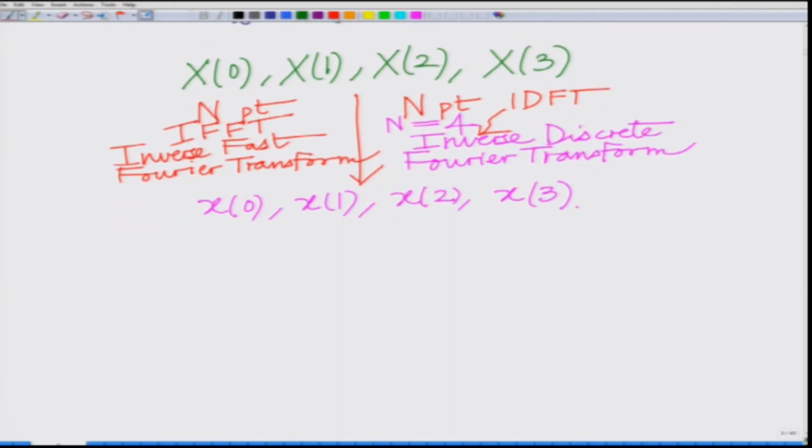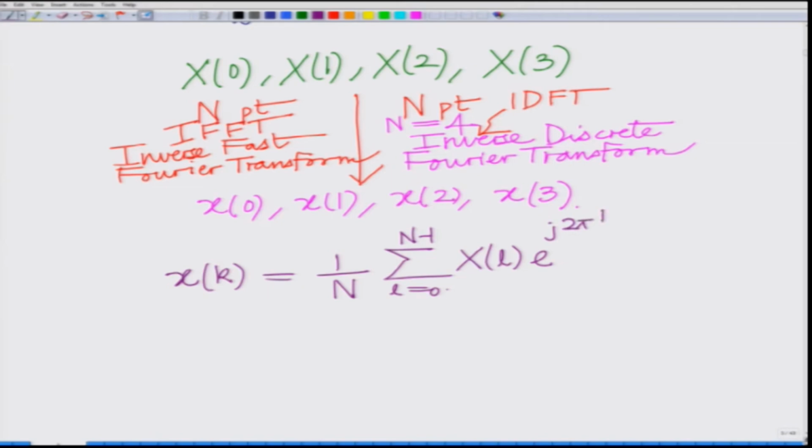Therefore, now what you have is small x of k, which is the sample corresponding to the inverse fast Fourier transform. As you know, this is given as 1 over N summation L equal to 0 to N minus 1, capital X L e to the power of j 2 pi k L divided by N. This is the expression for the IDFT.